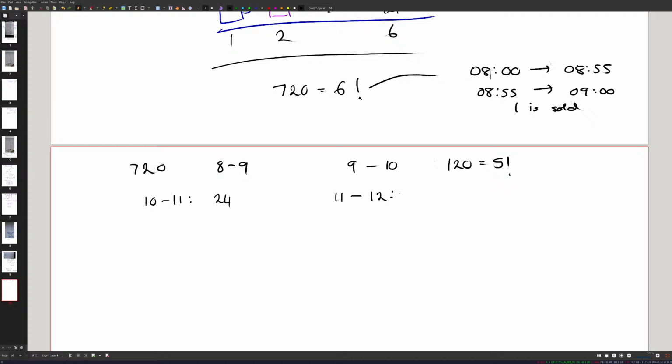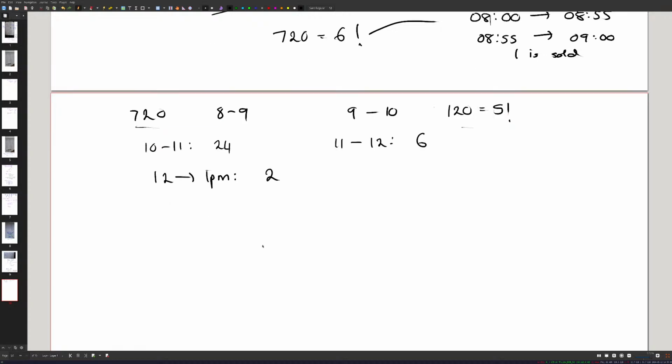So there's 3 mugs to arrange, that's 6 arrangements. And then 12 to 1 p.m., there's 2 mugs left, so he does 2 arrangements. Yes, and then 1 gets sold, and then there's 1 mug left, but he stops working at 1 p.m. because, I don't know, I guess never mind, I won't engage in needless stereotypes. He's from insert group here that is stereotypically doesn't work much.